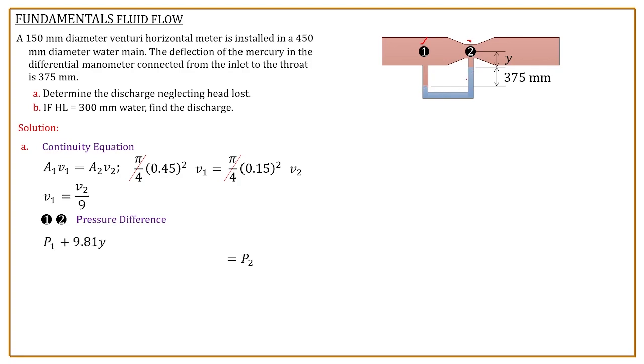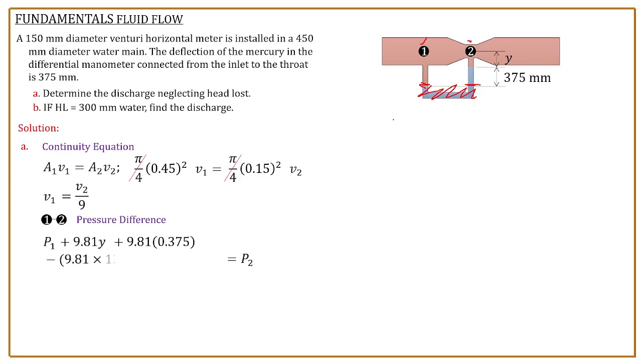P1 plus, since that is water, that is 9.81 times yung height ng water na y. Then, pababa ulit plus 9.81 times yung height ng ating water pa rin, that is 0.375. Pagdating dito sa part na to, since pantay sila, same fluid, pwede na natin i-cancel yung part na yan.